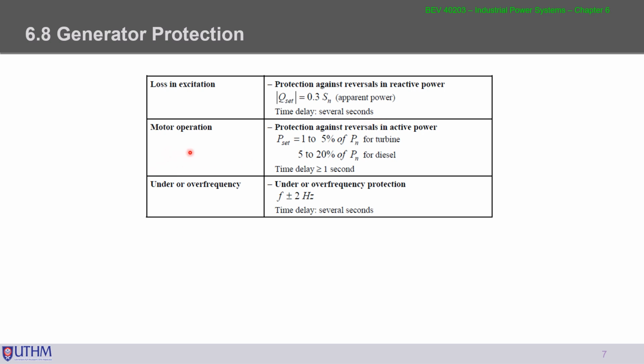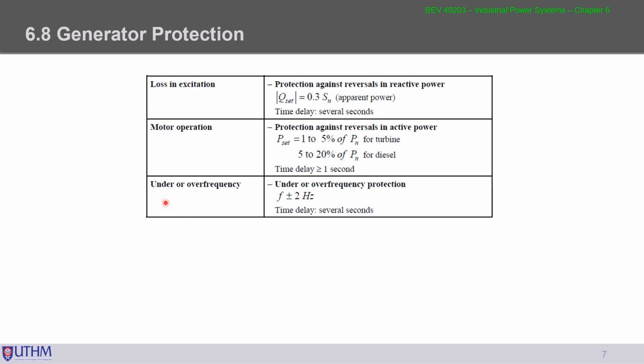And for motor protection, the protection that we use is protection against reversals in active power, and P set is 1 up to 5% of PN for turbine, and for diesel is 5 to 20% of PN, and the time delay is more than 1 second.